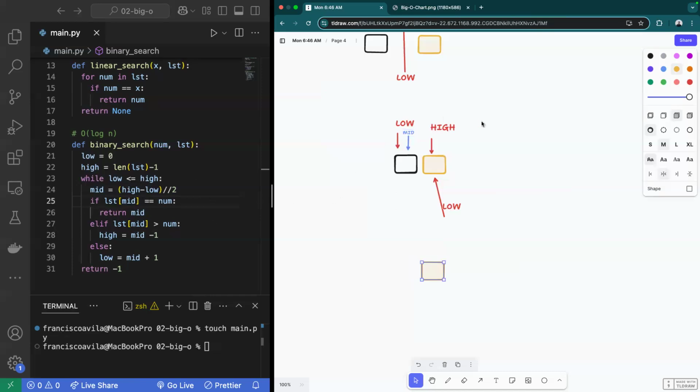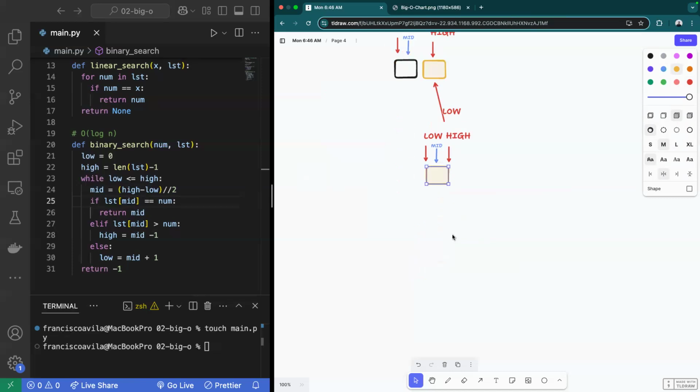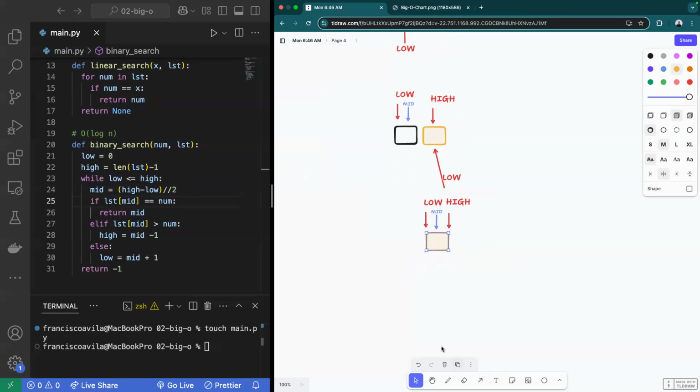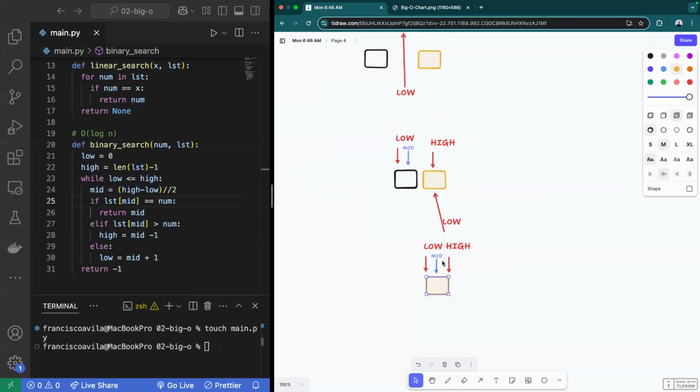And at this point, low, high, and middle, because low is less than or equal to high, will all be living inside of the same index. At this point, it's matched to the target. So mid is finally returned.